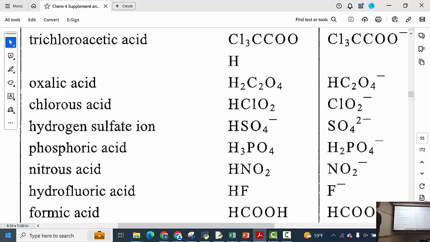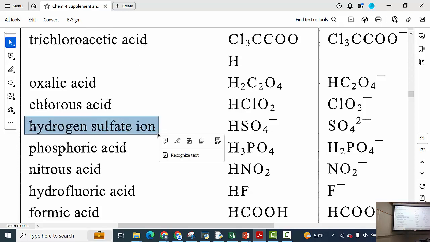Hydrogen sulfate ion, or sulfuric acid is H2SO4. This is HSO4 minus. If hydrogen sulfate's correct, what's another name for hydrogen sulfate ion? Bisulfate.